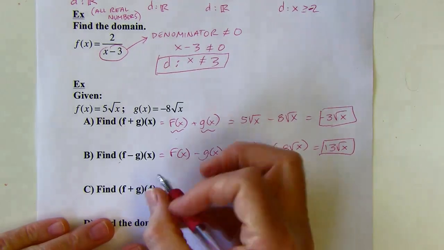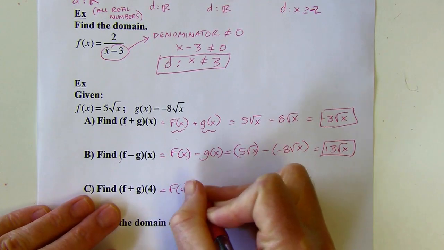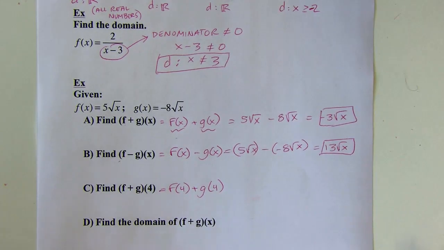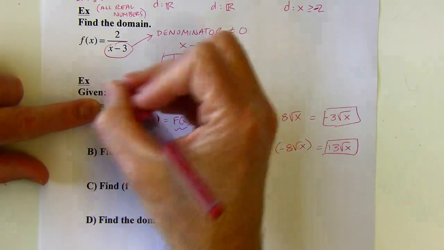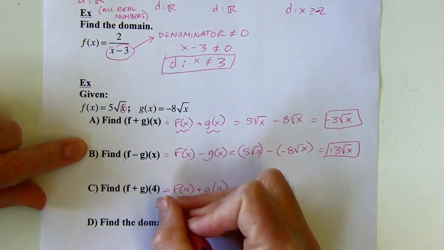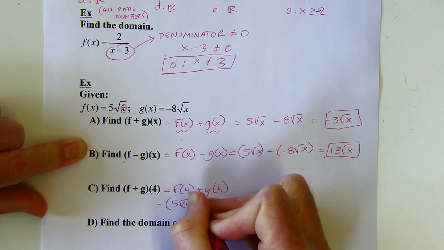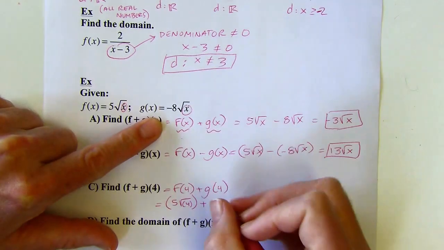But just to show you the other way you can handle this, this would be f of 4 plus g of 4. Okay, and then I could find f of 4 and g of 4. So let's see, f of 4, that's plugging in 4 for the x there. Okay, and then g of 4, I'm plugging in 4 for the x here.